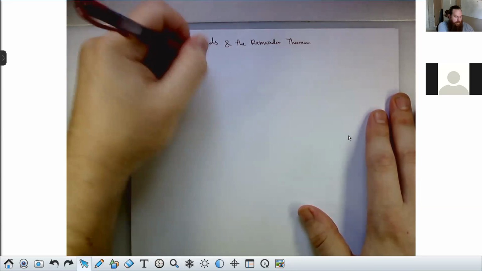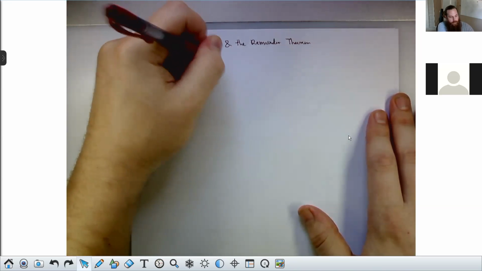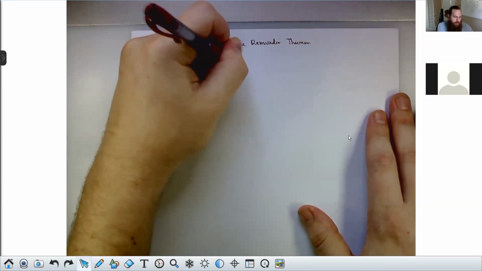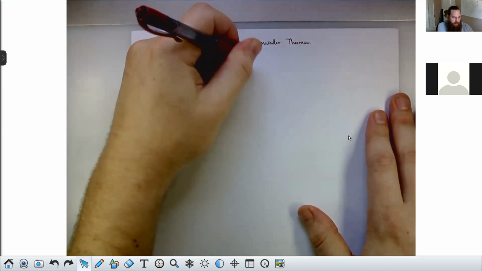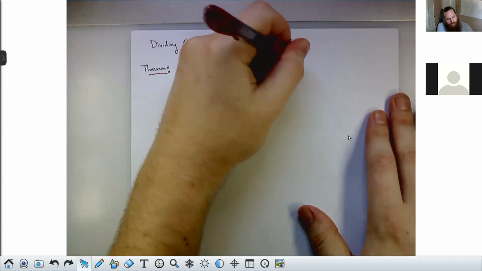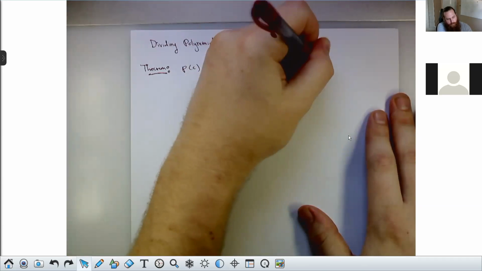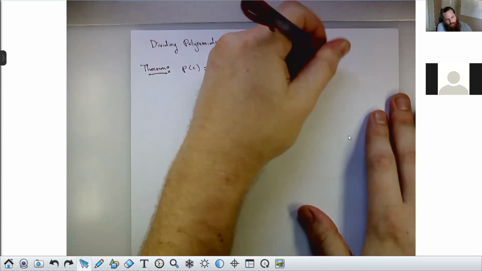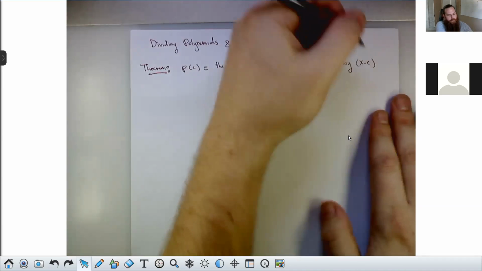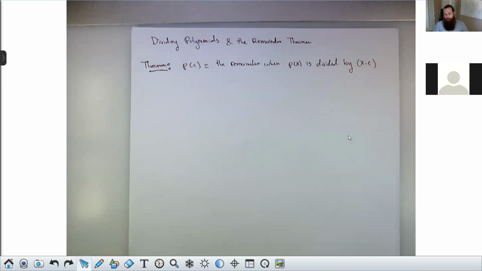P of C is always equal to, this is for any polynomial, the remainder when P of X is divided by X minus C. This theorem is kind of like magic.